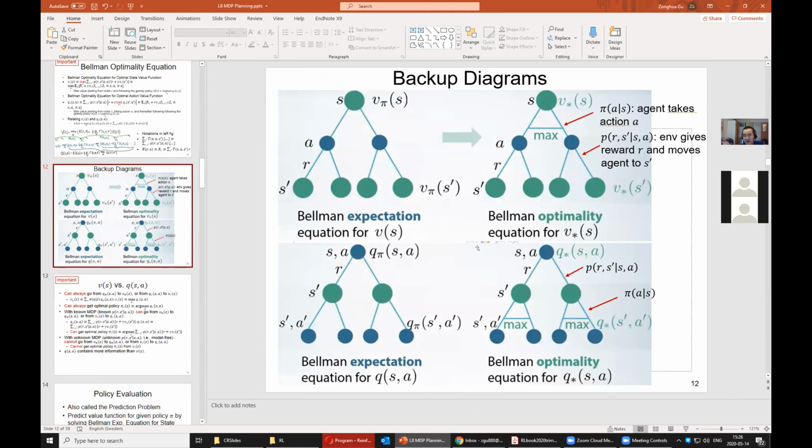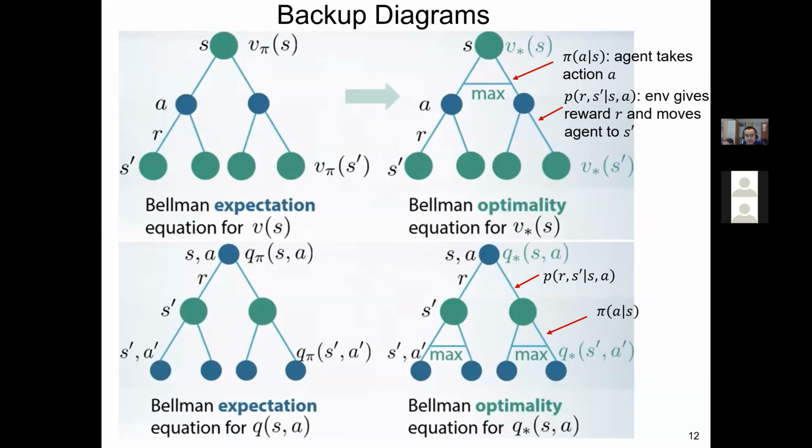The backup diagrams should be combined with the equations to better understand them. Just to forecast, in the future when we do TD learning or Q learning, the backup diagram will be a single line, whereas here we have a tree.